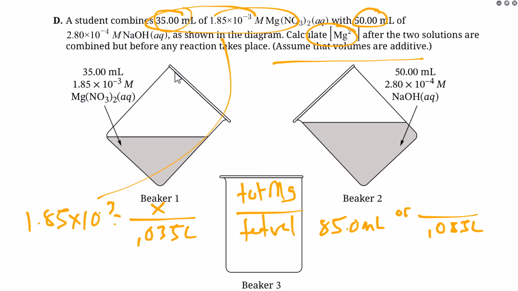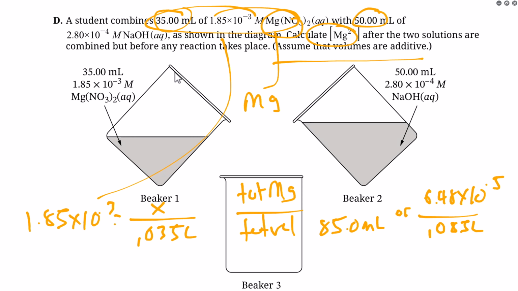Now, the moles of Mg(NO3)2 and moles of Mg are in a 1-to-1 mole ratio, so whatever we solve for on top of this molarity calculation is going to be the same as the number of moles of Mg in the solution. So we're going to take 0.035 and multiply that by 1.85 times 10 to the negative 3rd. And what we end up with is 6.48 times 10 to the negative 5th.